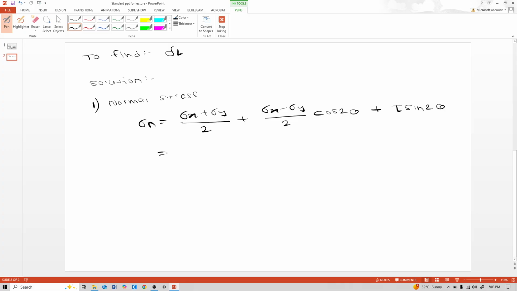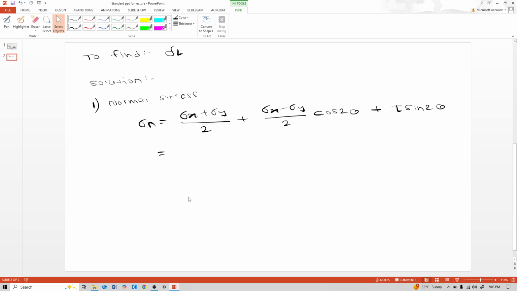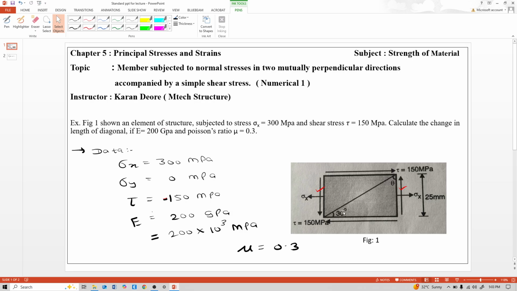Here sigma x is 300, sigma y is 0, tau is minus 150, and theta is 30 degrees. This angle is also 30 degrees, and this theta is nothing but 90 degrees minus 30 degrees, that means it is 60 degrees.